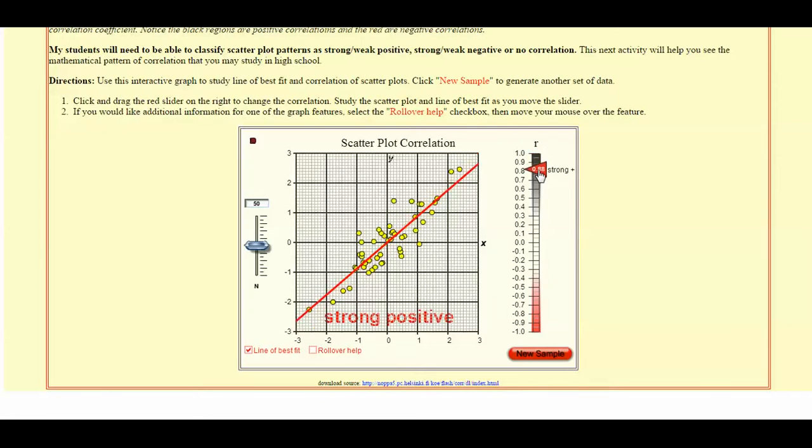Then once we move back down to 0, we're getting weaker and weaker positive correlations. And then 0 is no correlation, which is as weak as it could possibly be. And then as we move down toward -1, we're getting stronger and stronger negative correlations.